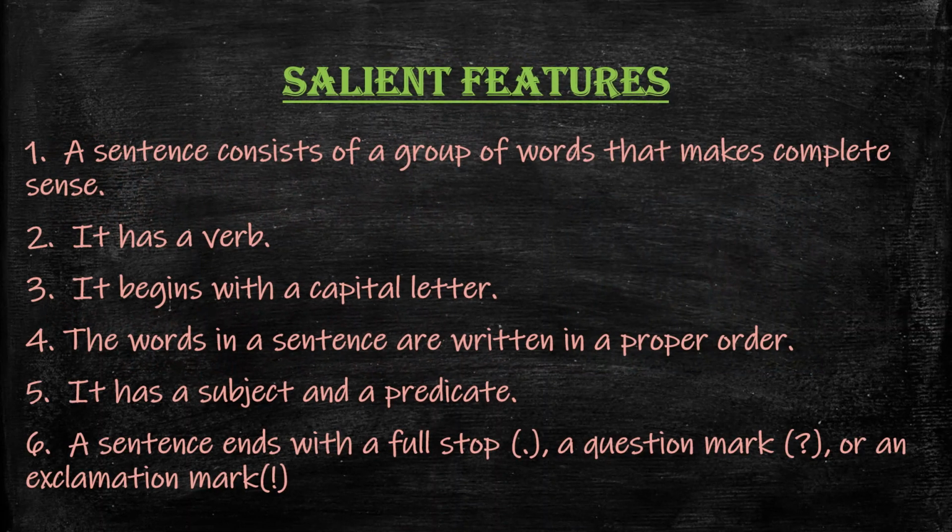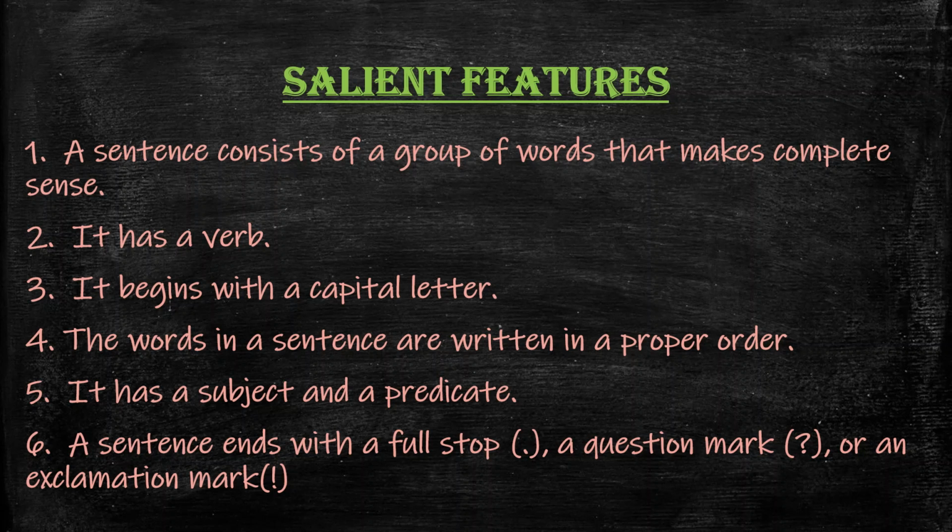To understand the concept better, we will try to know the salient features of a simple sentence. A sentence consists of a group of words which make complete sense by itself. Secondly, a sentence has a verb, that means an action word.